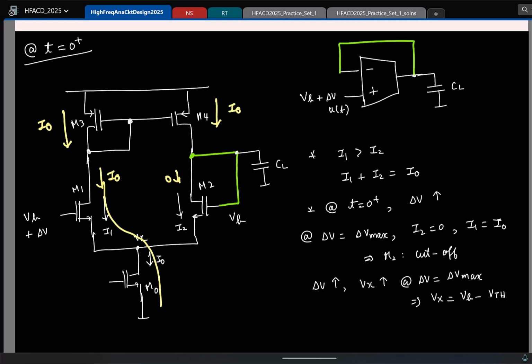Now the current through M4 is I0. Here there is no current. So what is the current getting pushed into the capacitor? The maximum current that the OTA can push to the capacitor is I0. So what is the maximum dVout by dt now? I0 by Cm.